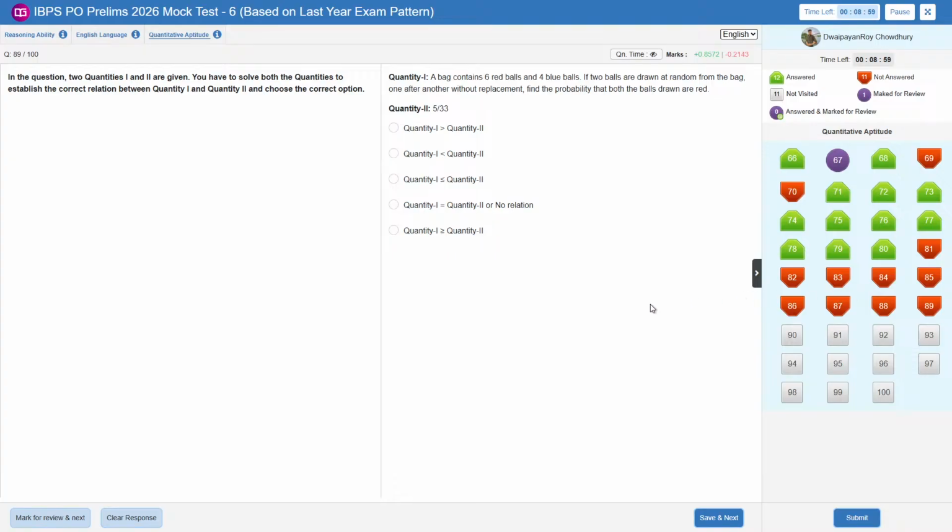Red ball 6, 2 balls drawn at random one after another without replacement. When the probability of both are red, the first one probability is 6 upon 10 into 5 upon 10. So 30 upon 100. So 3 upon 10. Or rather 5 upon 9. So it's 3. It's 15 upon 30.